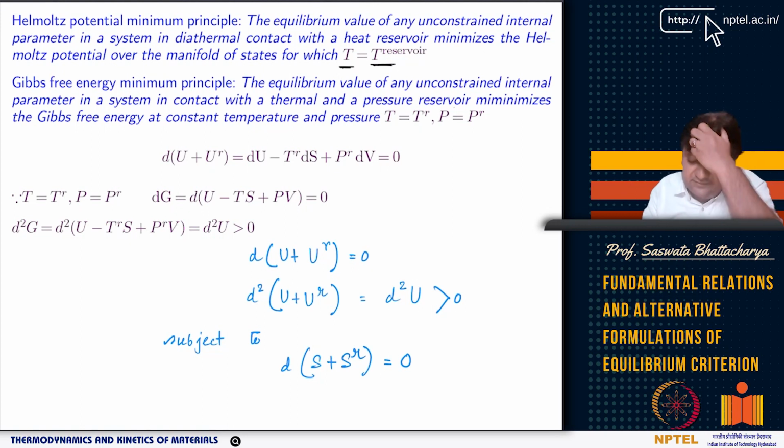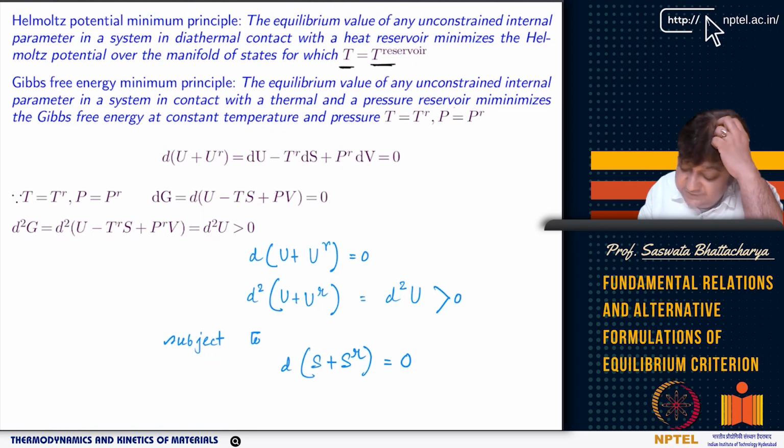So basically, if you see this, dU plus dUR equals dU minus TR dS plus PR dV, which is equal to 0. It follows this way. What we are saying here is that the system plus reservoir is your universe, and so dU plus dUR has to be 0, where UR is basically the energy of the reservoir, which is fixed because it's an infinite reservoir.